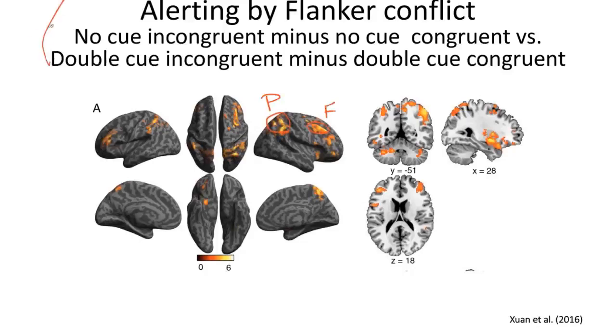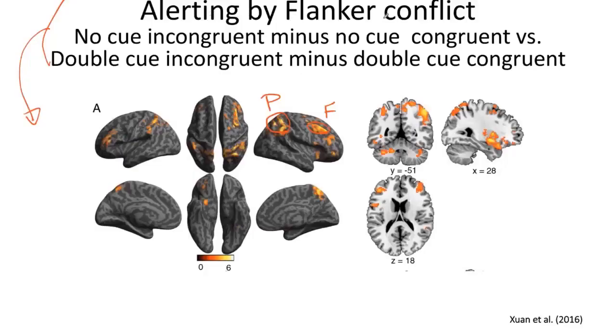As I'm not quite sure that it might be a little bit complex for you right now to discuss, I highly recommend you to see that. I probably can spend a few minutes of the next session to describe what it means. I highly recommend you to read that carefully in the slides. This is talking about what we call the alerting by flanker conflict. And this is a sort of interaction contrast.